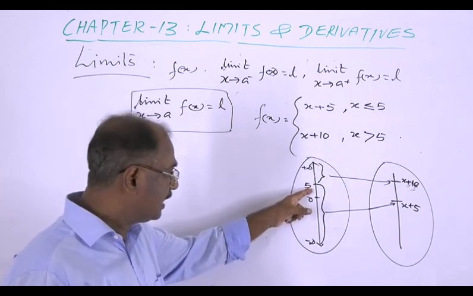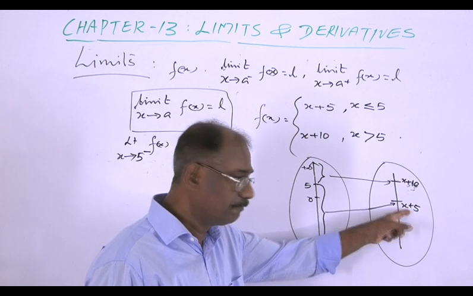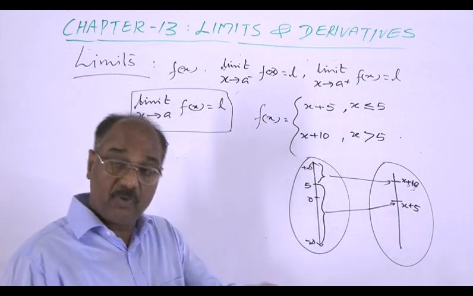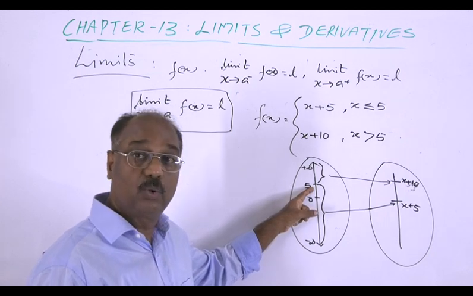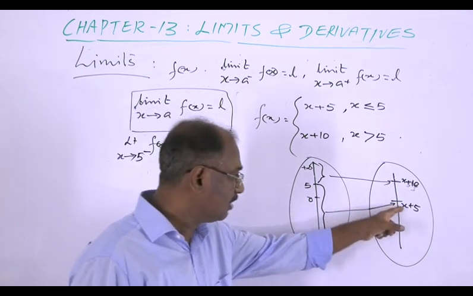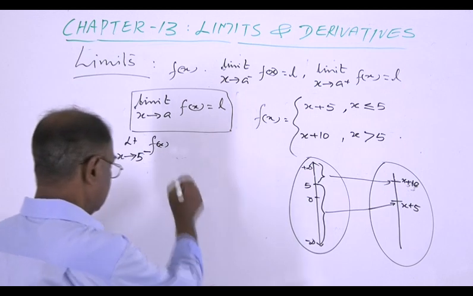In that case the functional value is x plus 5. So the ultimate value, when x takes almost 5, equal to 5, the functional value is 5 plus 5, which is 10.